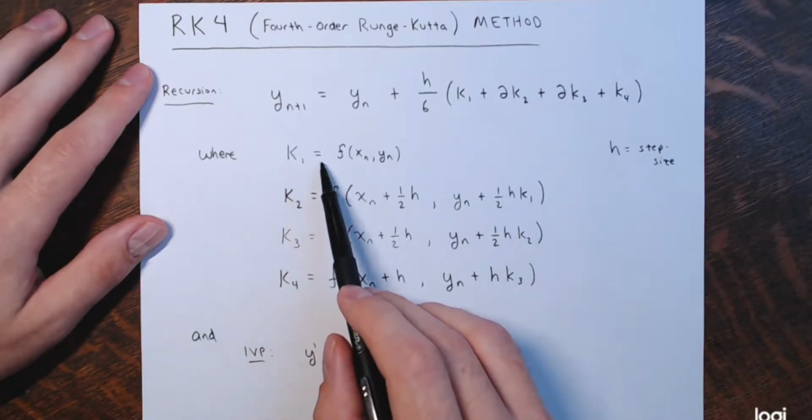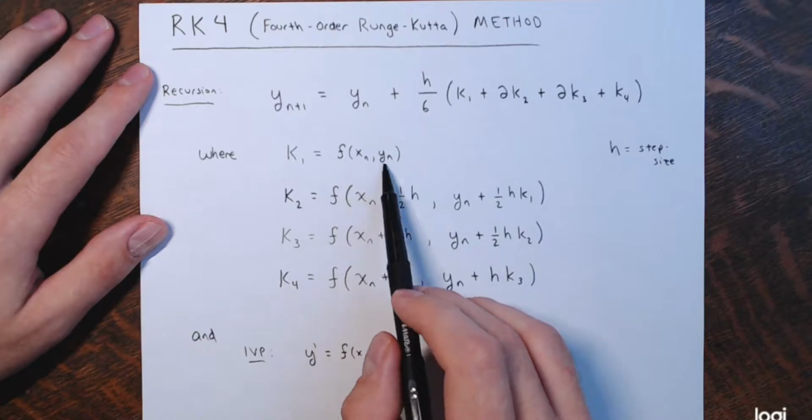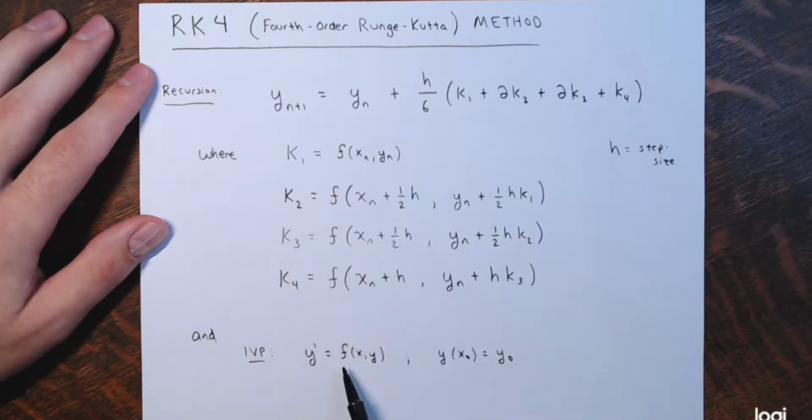k1 is the value of f at x sub n, y sub n. This f is what, when you're given the initial value problem, the first order differential equation looks like: y prime equals some function of x and y. That's the f.